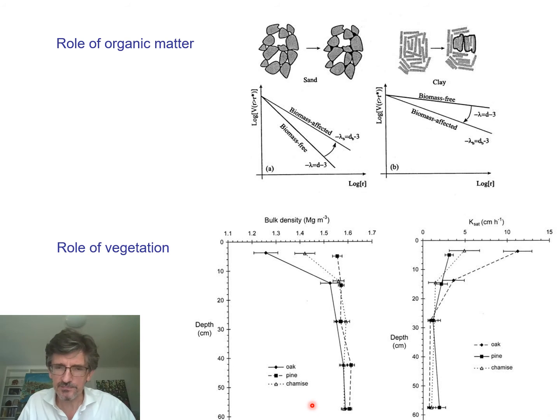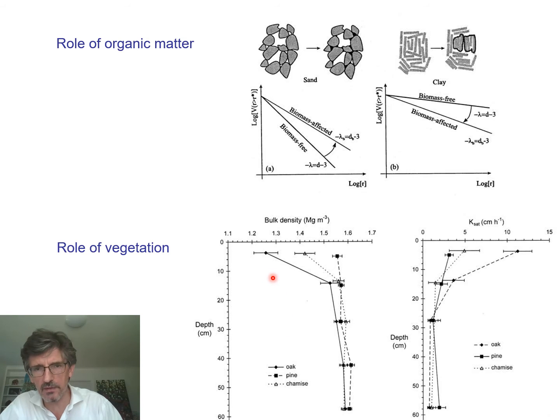It's a shrub. And you can see that depending on the type of roots and the rooting depth, the bulk density changes, and you have much smaller bulk density with the oak than you would have with the shrubs or with the pines.